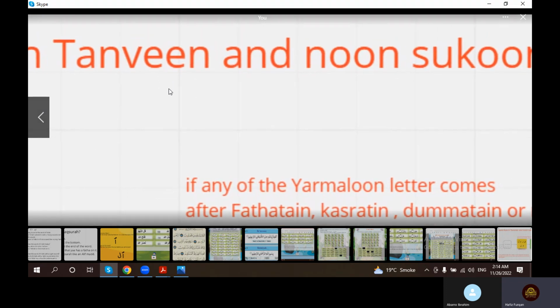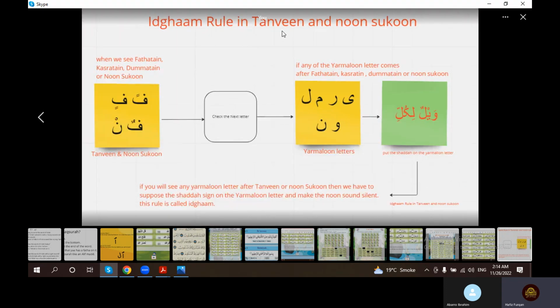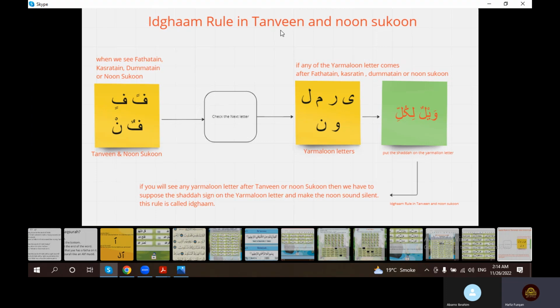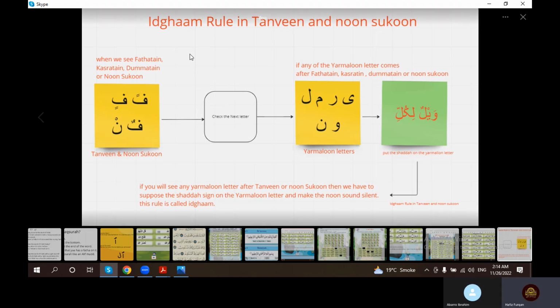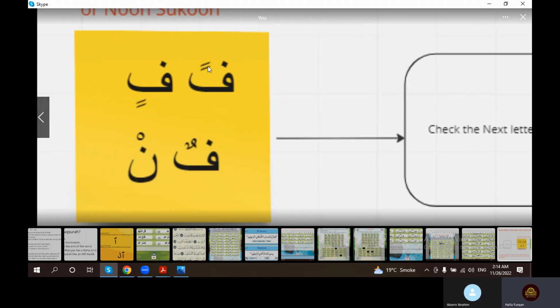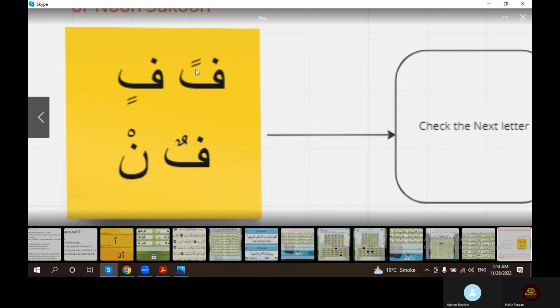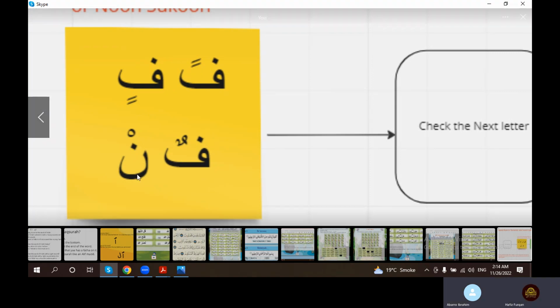We are going to do the idgham in tanween and noon sukoon. Tanween means fatatain, kasratain, and dammatain. Remember that was tanween and noon sukoon.